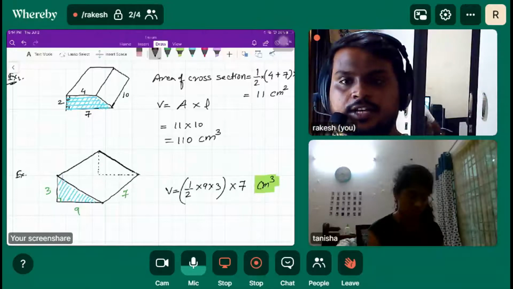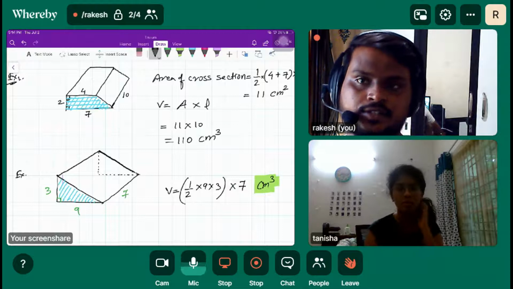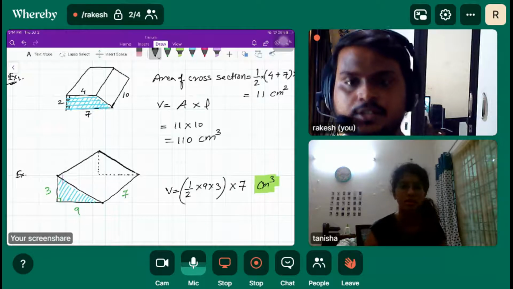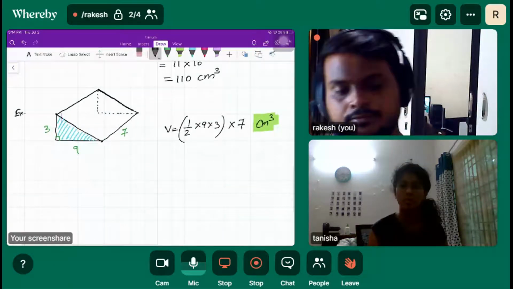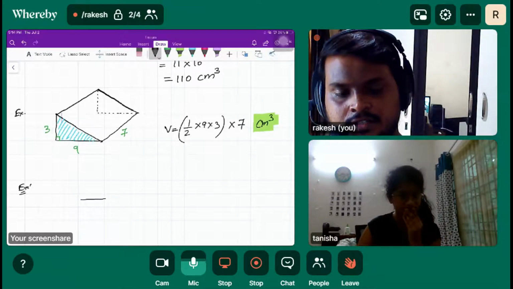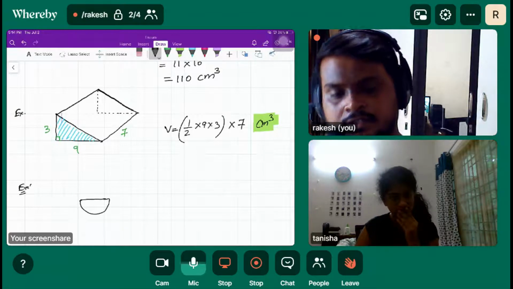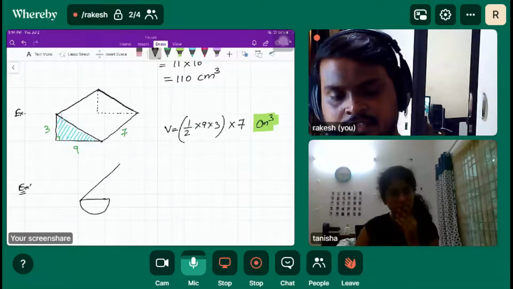Okay, I'm putting up the next question of a similar type, then we'll move to the other part of this chapter. So the question is like this, and it is going inside the page like this.